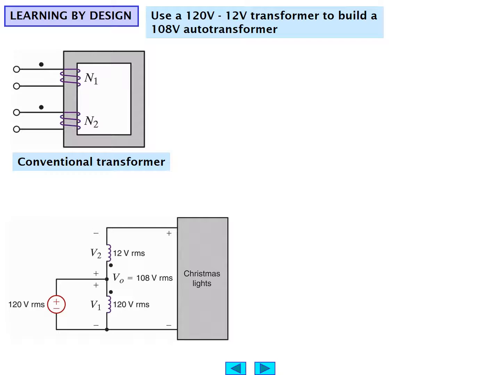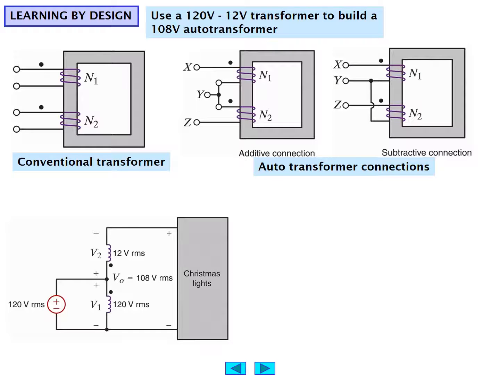See, V2 has 12 volts RMS, but the dot notation is on the bottom, and V2 is equal to minus plus. So V2 would actually retard V1 or reduce V1 to 108 volts RMS. And the concept here is that maybe the Christmas lights won't burn as bright and they'll burn longer.